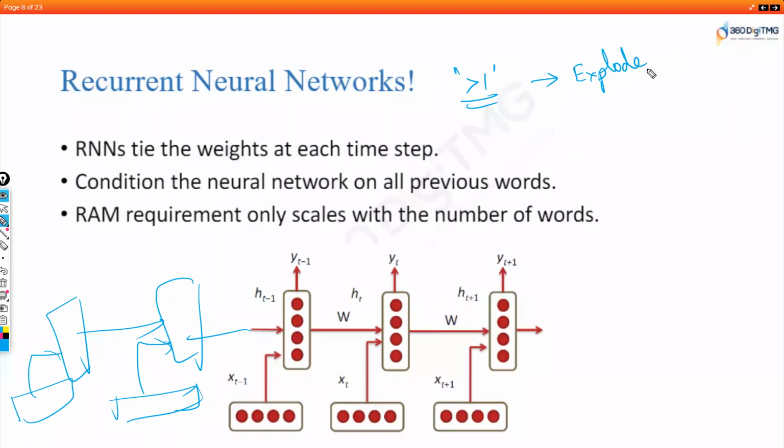And that's called the exploding gradient problem. And if all these weights which get initialized are less than one, and all those weights are getting multiplied throughout, your overall weights will vanish. That's called the vanishing gradient problem. So you have the exploding gradient problem and you have the vanishing gradient problem.